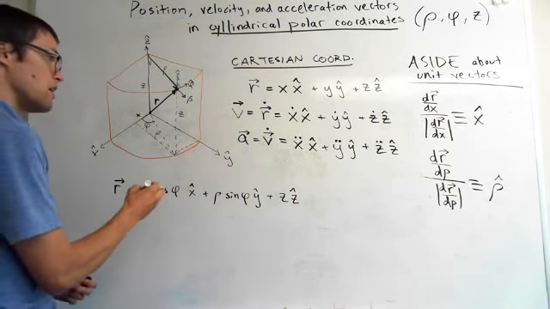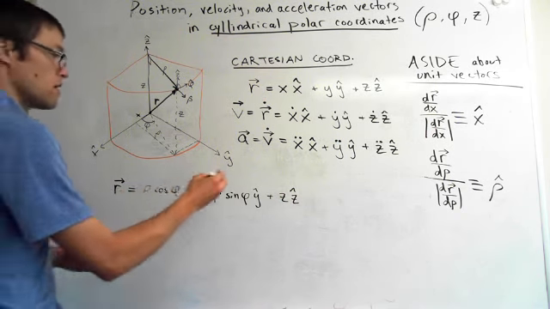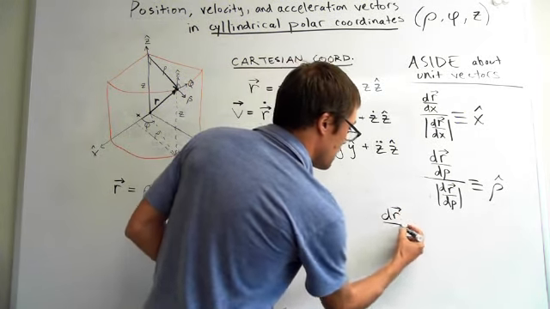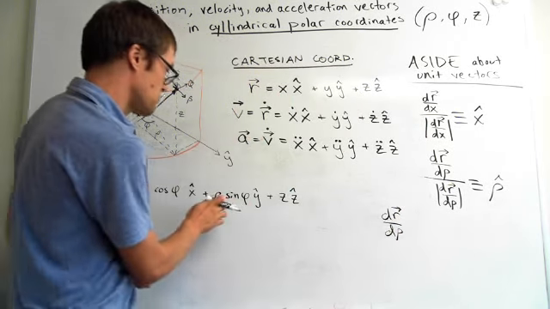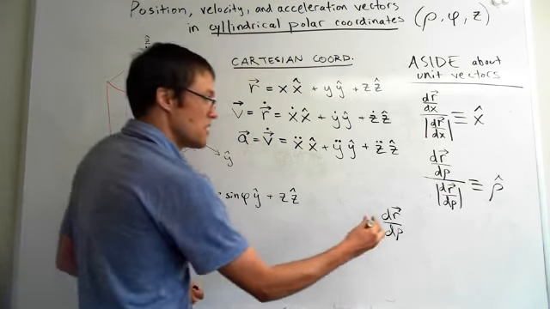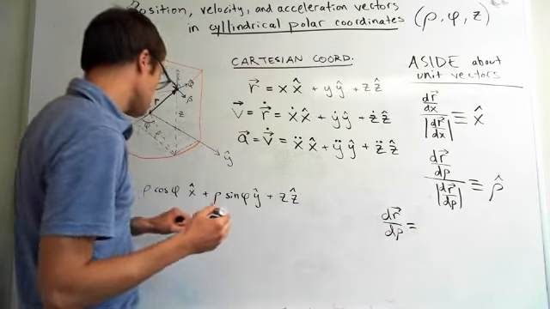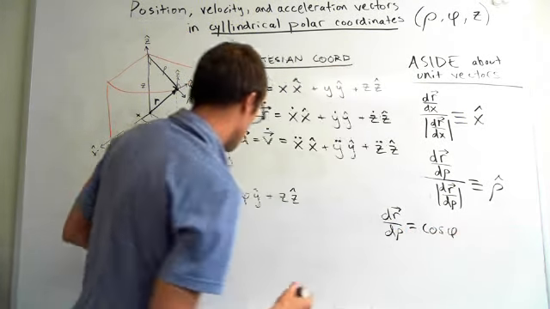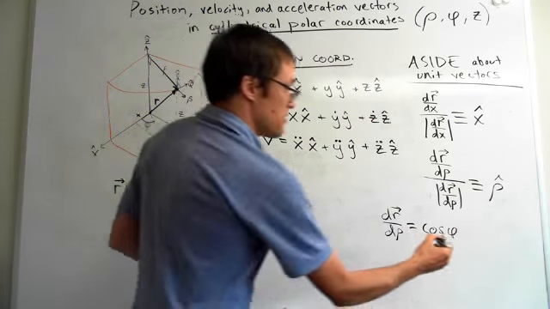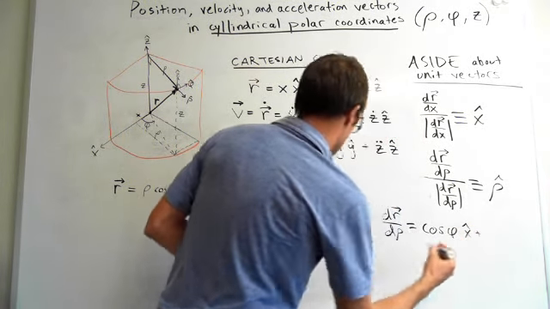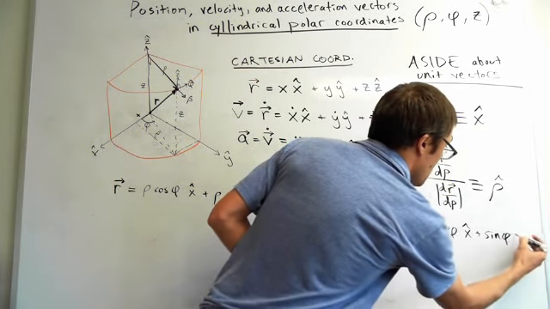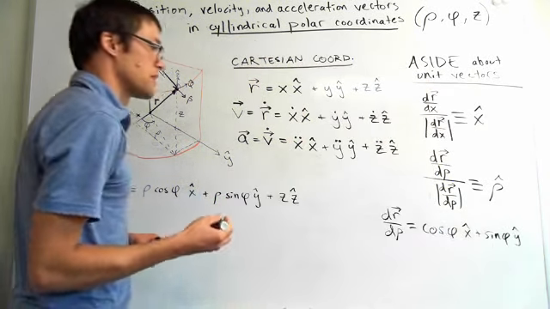So then dr d rho, using this expression for r, is equal to cosine phi in the x hat direction plus sine phi in the y hat direction.